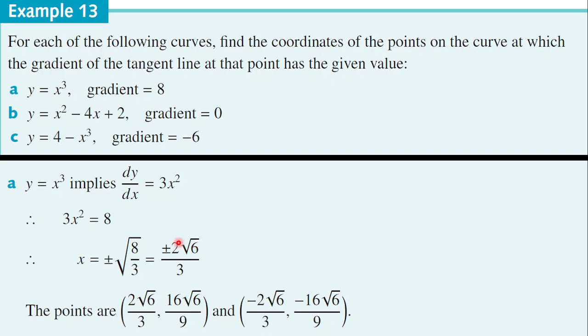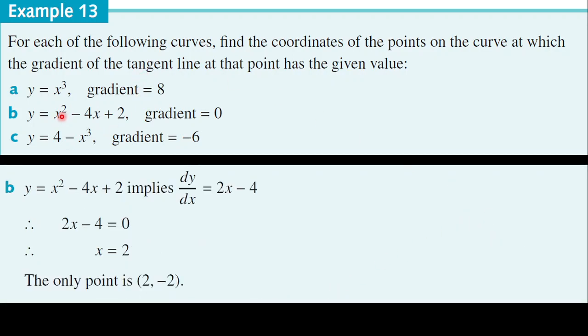Simplify your surds, and to find the point, so we have the x coordinates, you substitute into your rule, x cubed, the y rule. As you substitute those respective values, the positive gives you the positive y coordinate, and the negative will give you the negative, the respective y.